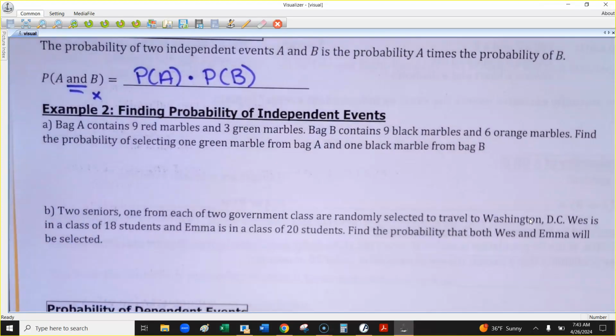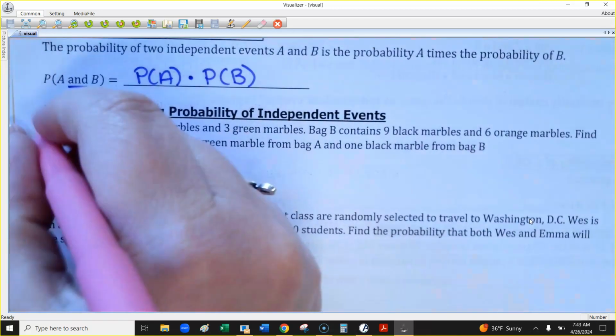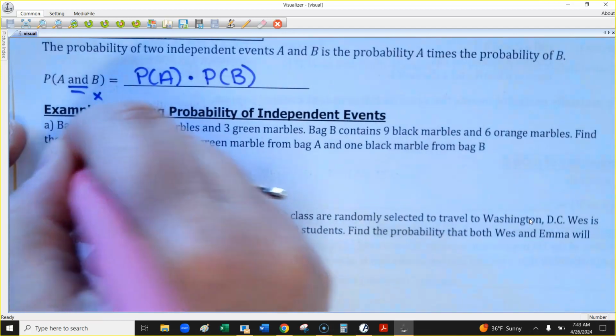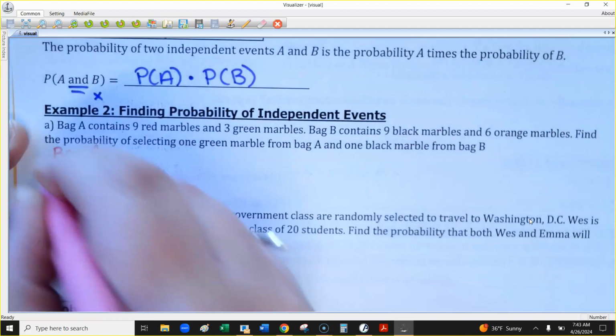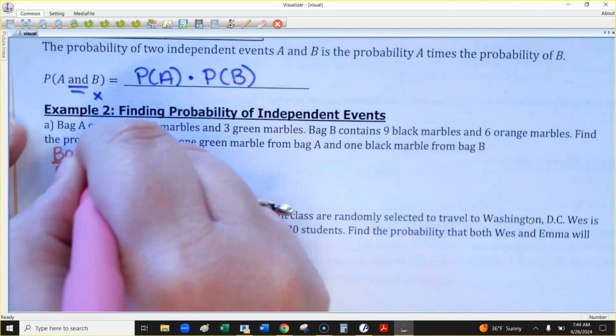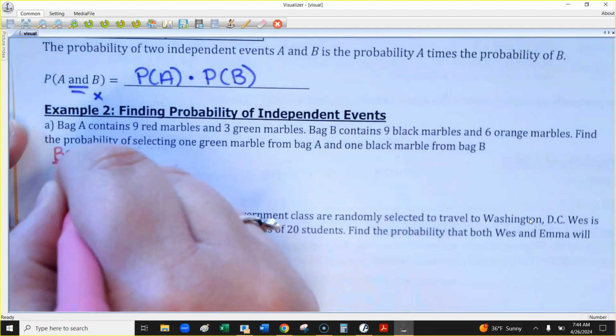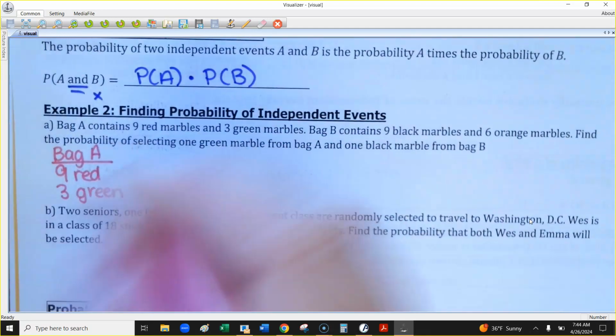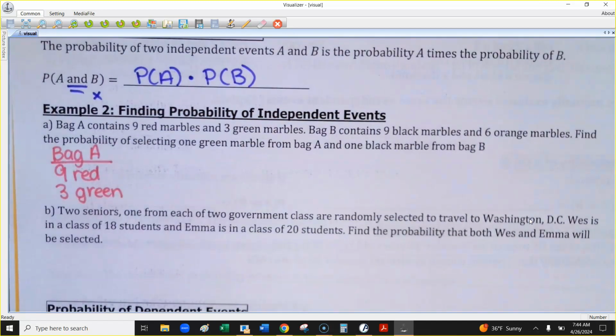All right, my example says we have bag A and bag B. I'm going to write this out so you can see it a little better. Bag A has 9 red marbles and 3 green marbles. How many total marbles are in that bag? 12.